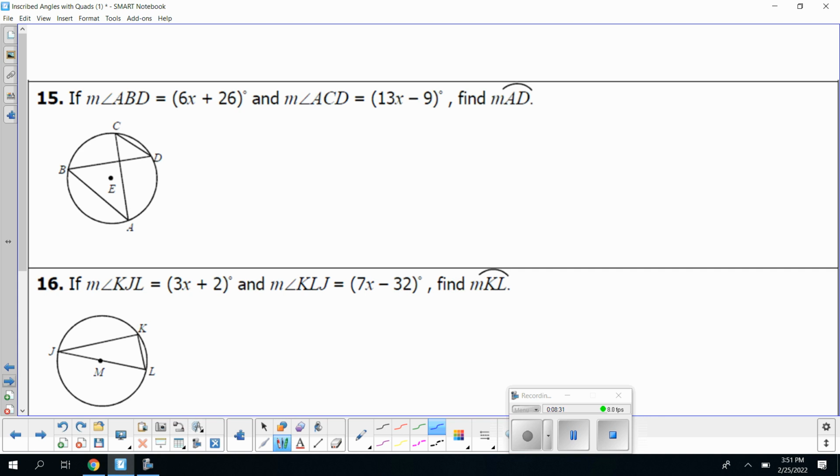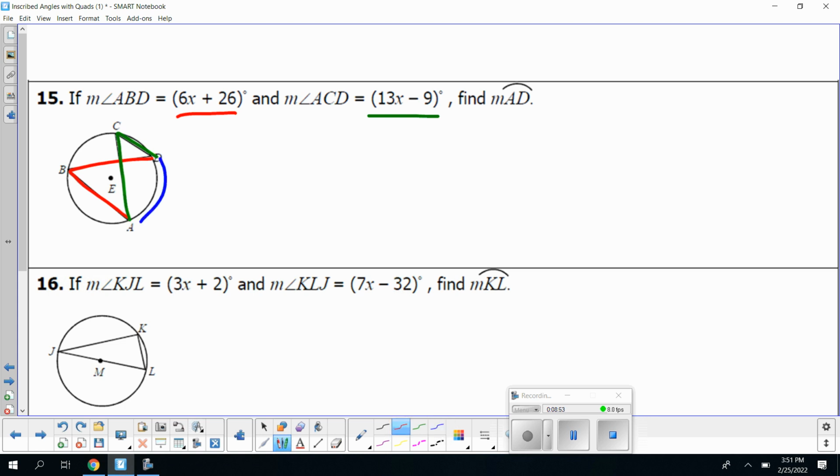Okay, let's take a look at 15. If the measure of ABD, let's mark ABD, is 6x plus 26, and the measure of ACD is 13x minus 9, then I know that those two angles are going to be equal to each other because they share the same arc AD.